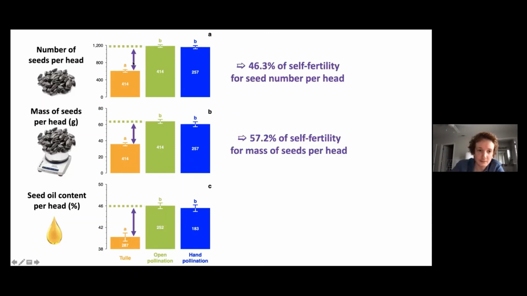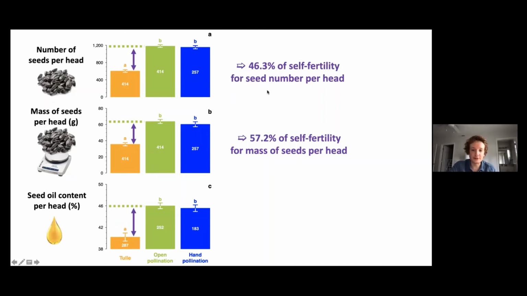And then we can divide the yields got with the heads that were isolated under tulle bags by the yields which were got with the heads that were left in open pollination. We can calculate a rate of self-fertility. So it was 46.3% in mean for the seed number per head, and it was 57.2% for the mass of seeds per head.